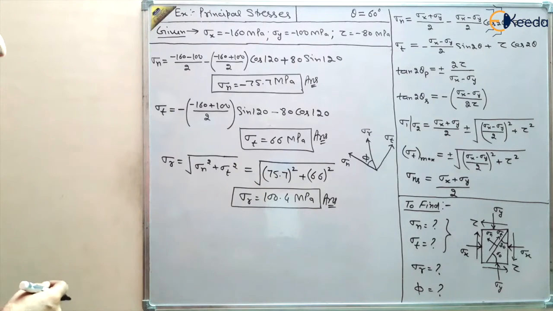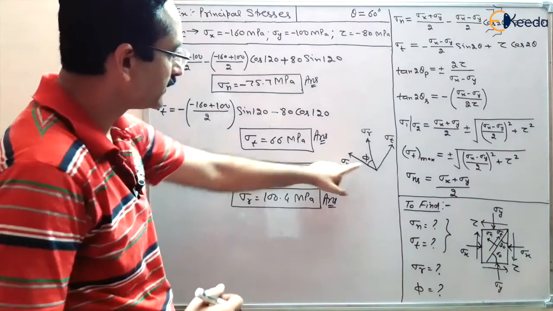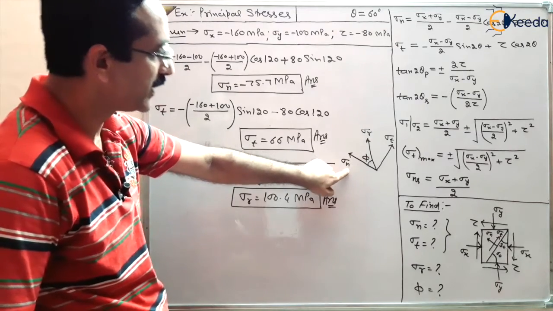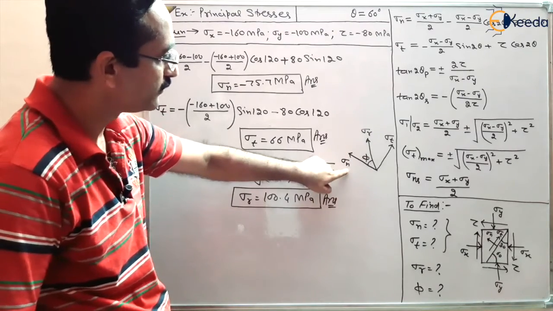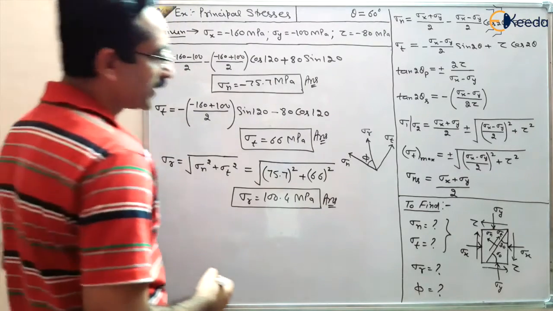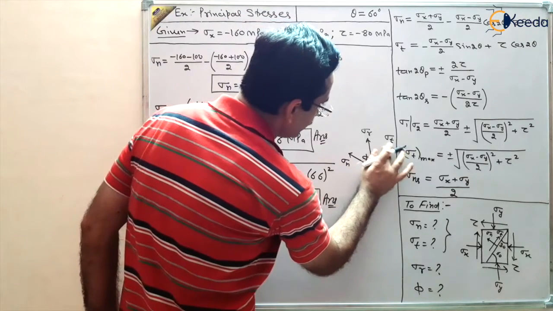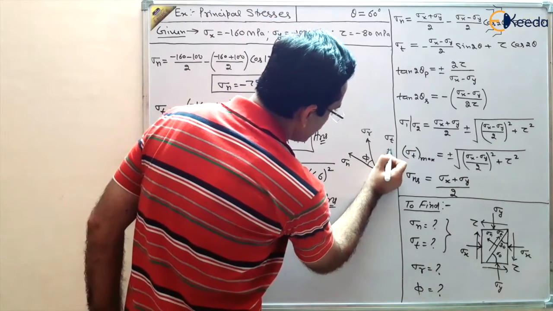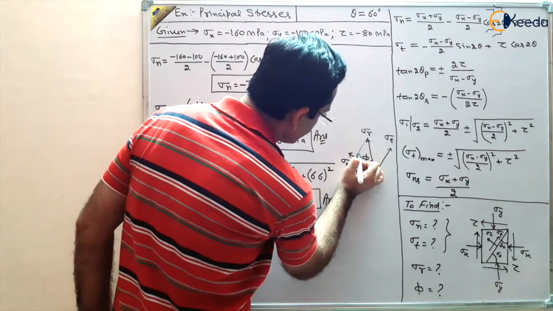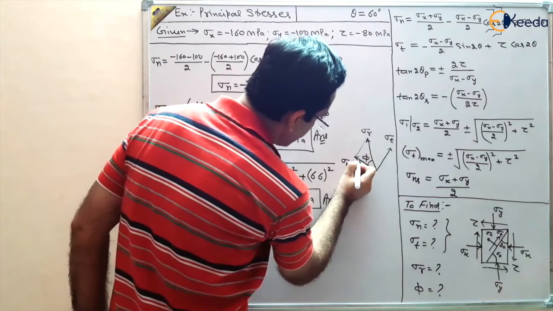Now the inclination, which means the angle phi that the resultant stress sigma r makes with the normal stress, we have to find out. You can use tan phi. If this is sigma t, you can take a line parallel to it, and this will also be sigma t. This is sigma n.